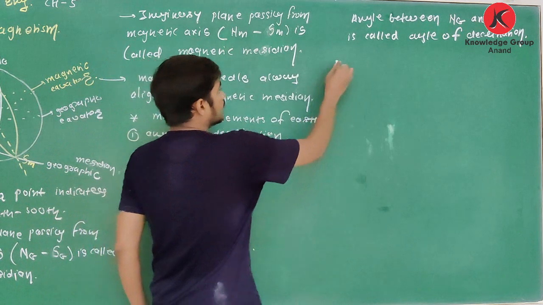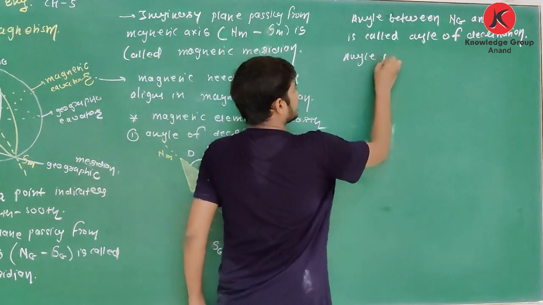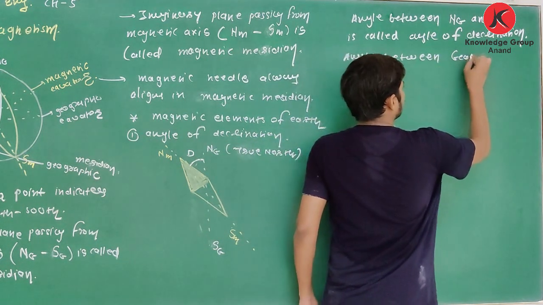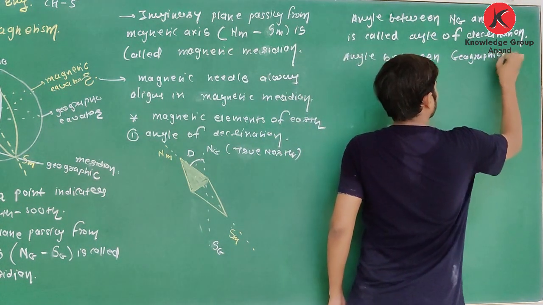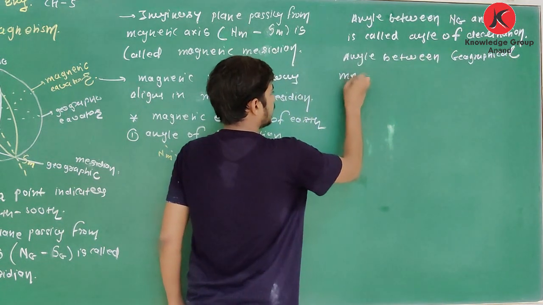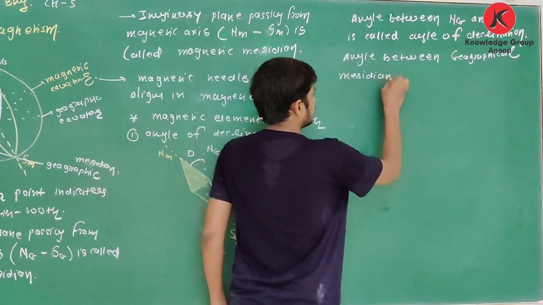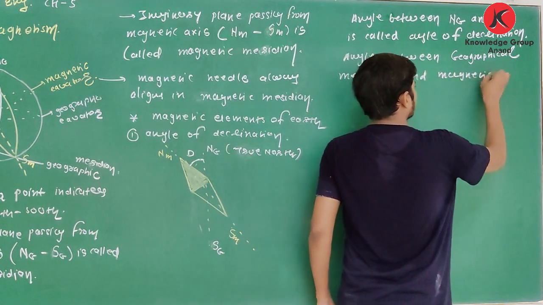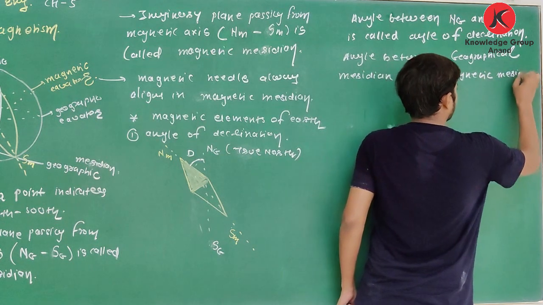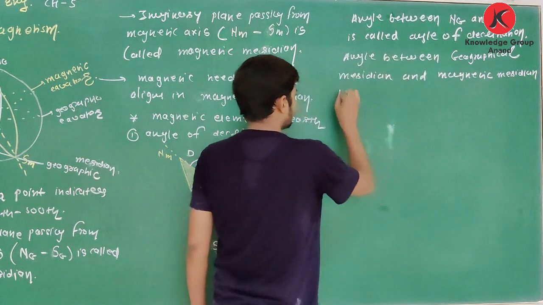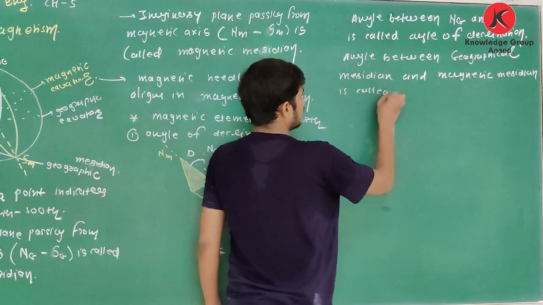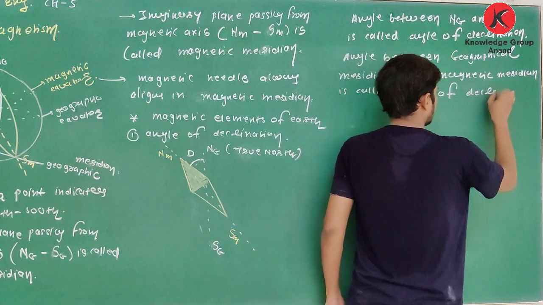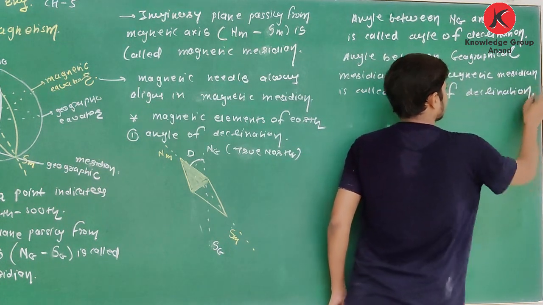So the angle between geographical meridian and magnetic meridian is called the angle of declination.